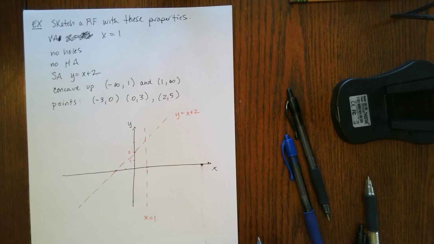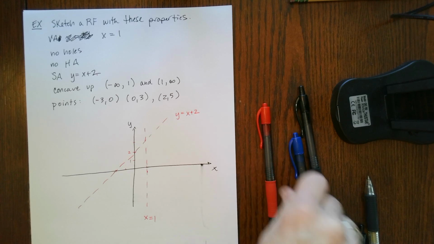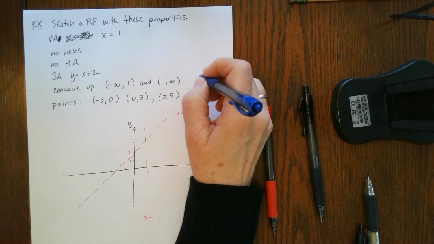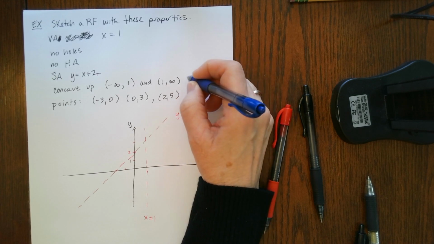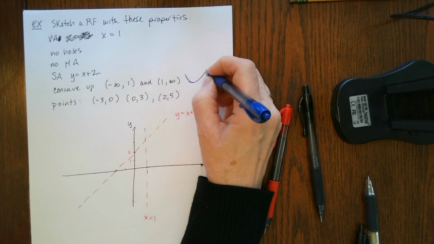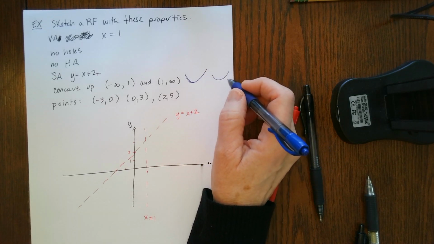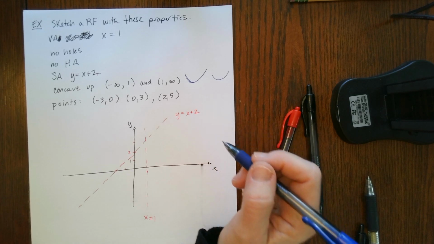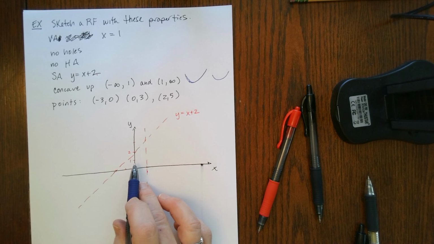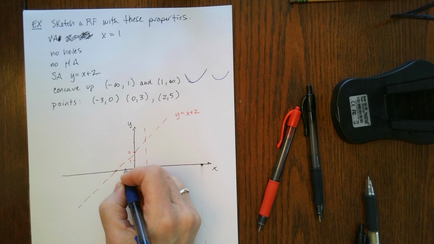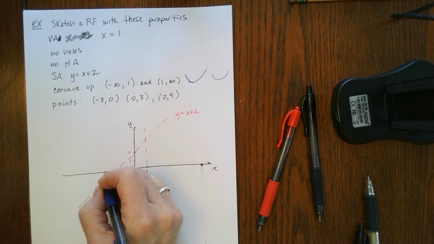And then we said it's concave up from negative infinity to 1. Okay, so by concave up, that's going to mean it's going to look like a cup that holds water. And let's also plot the points here. That will be helpful. So we have the x-intercept at (-3, 0). So let's put some points on here. Negative 1, negative 2, negative 3.